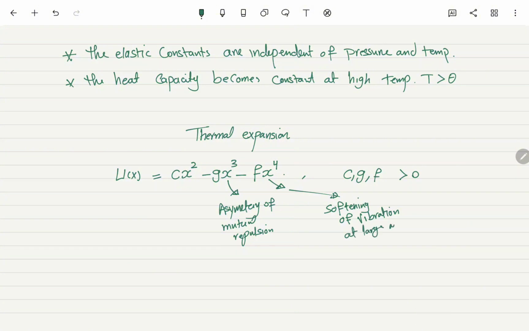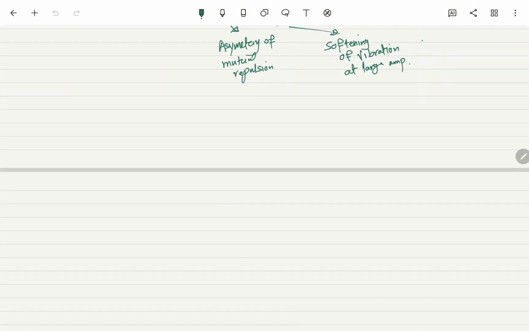Now let's calculate the average displacement by using the Boltzmann distribution function.